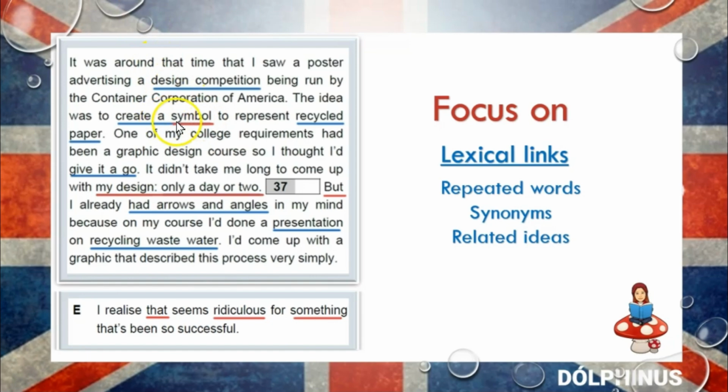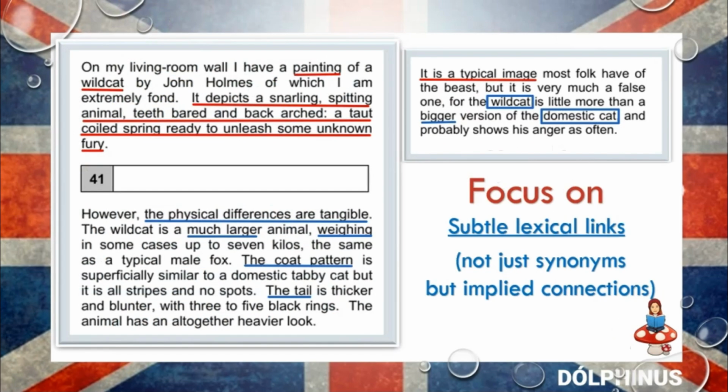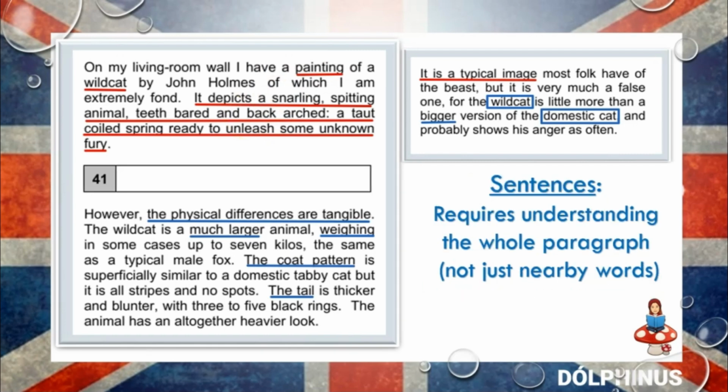Design would be the synonym of symbol. Let's compare this to C1. The beast here is an implied connection because it's making reference to how it is depicted in this description as a wild animal.